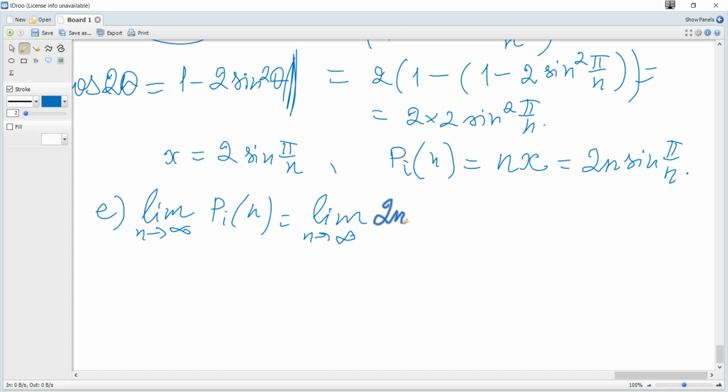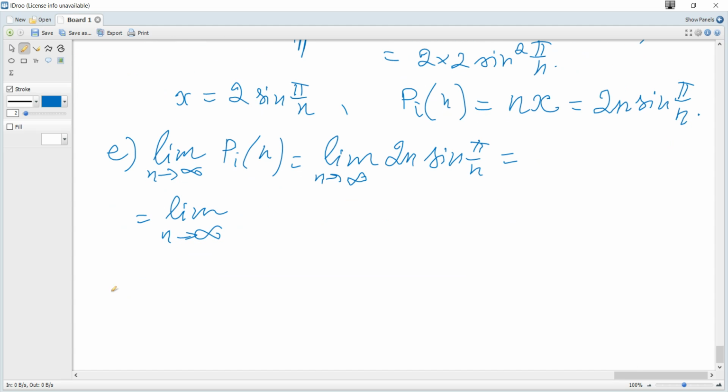Over 2n sine, and it is given that we should use the Maclaurin series for sine, and the formula is given in the data booklet, and it says that sine x is x minus x cubed over 3 factorial plus x to the power 5 over 5 factorial, and so on.